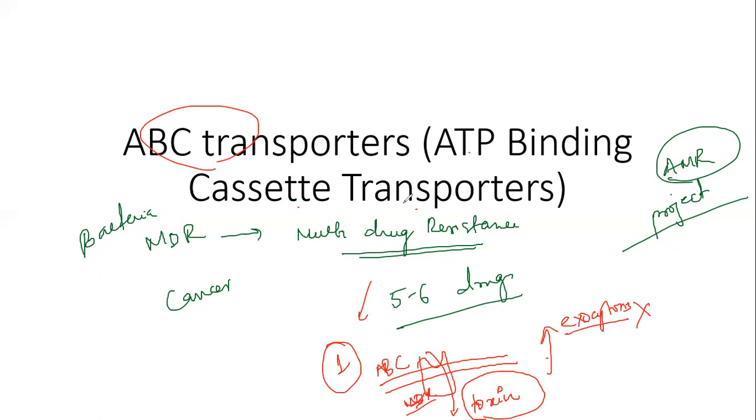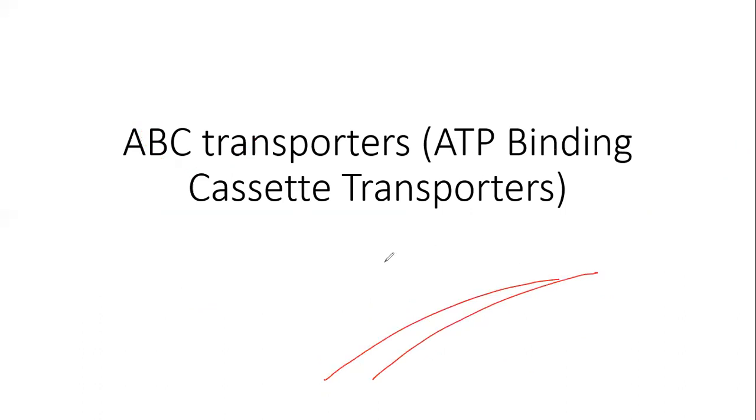Obviously, there is a domain where ATP is going to bind. Correct? Now, in these ABC transporters, they take this toxin and pump it out. As I mentioned before also, the concentration of the drug is going to be high outside, because you have applied it from outside, and the concentration inside the cell is going to be less.